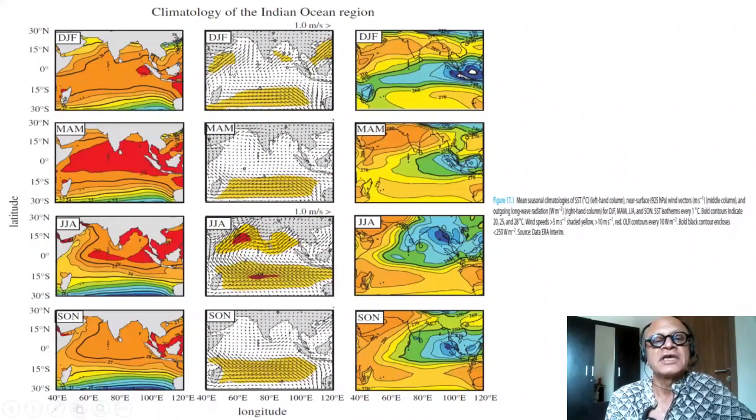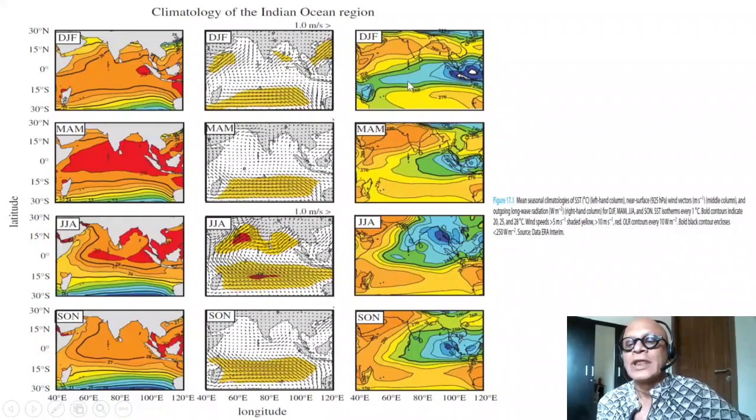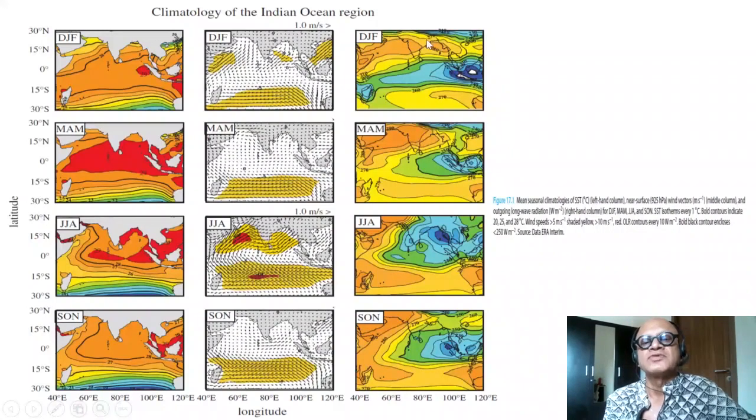So the winds again shown here: DJF, northeast monsoon, intermonsoons, southwesterlies, and the intermonsoon, with strong southeasterly trades persisting throughout the year. And there is the OLR. So as we know, the ITCZ is to the south, subsidence and high OLR.